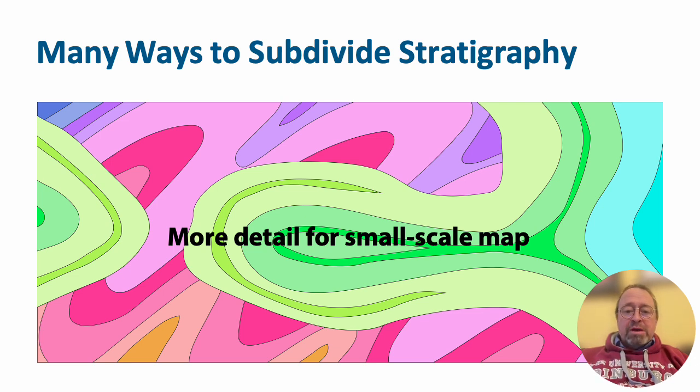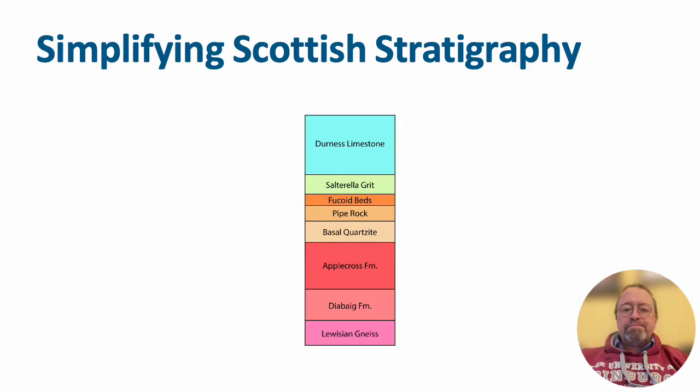If I asked you to make a map that was only half a mile square, then probably I'd want you to mark in all the formations, and not only just the formations but the members and the beds as well, so more detail when you have that opportunity. It just purely depends on what you're trying to get done, what you're trying to show, and the scale of the observation.